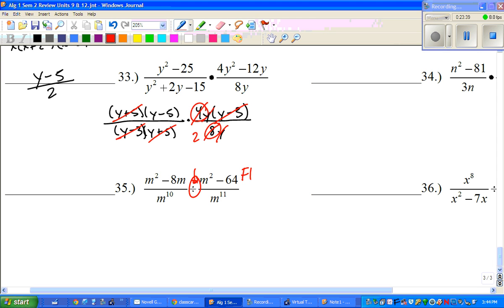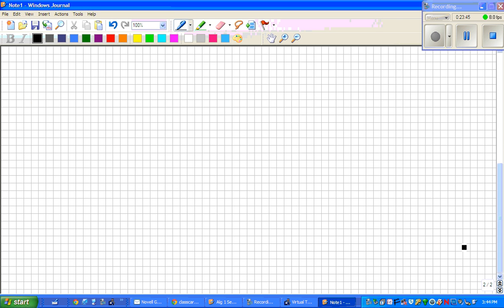Okay, division. We have to flip this. Alright, so when we flip it, it would be m squared minus 8m, m to the 10th, m to the 11th comes out on top, and then we got m squared minus 64. Okay?